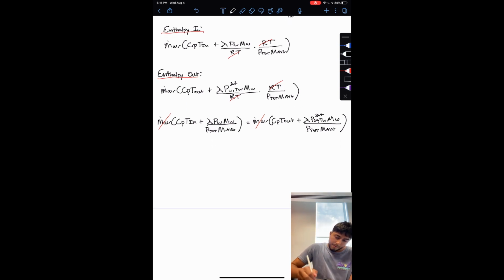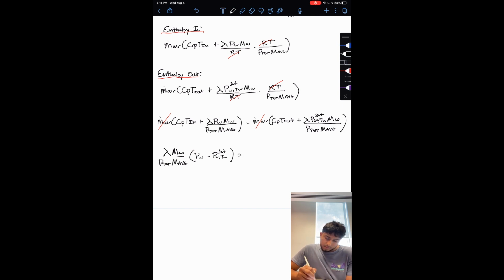So we're going to say that the heat of vaporization and the molecular weight over the total pressure and the molecular weight average, times the partial pressure of the water minus the saturation pressure of the water at the temperature of water, is equal to the heat capacity times the temperature out minus the temperature in.